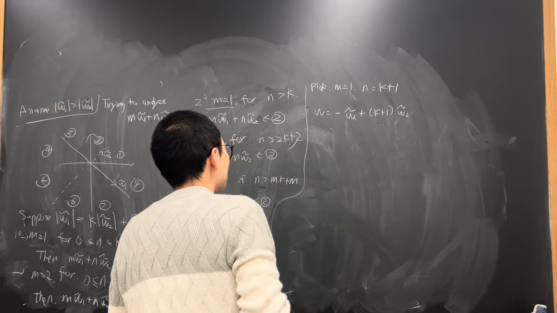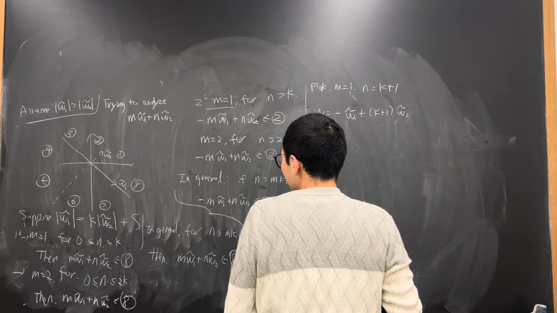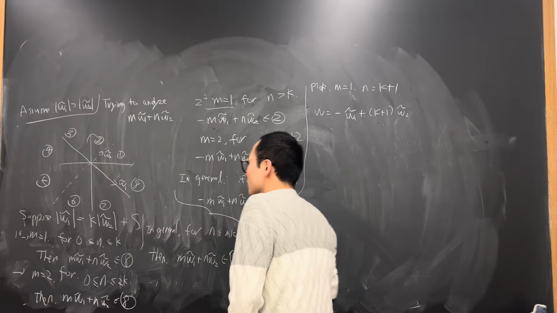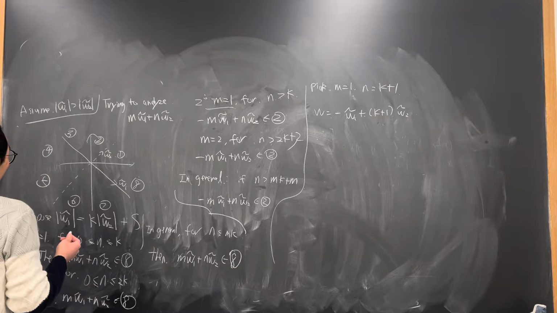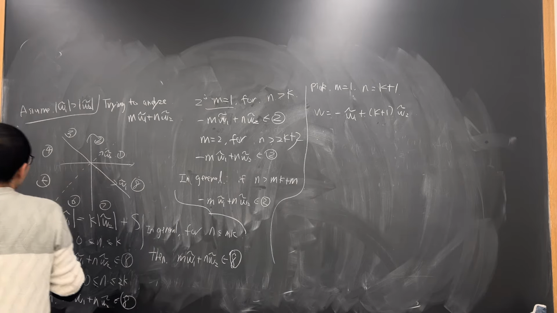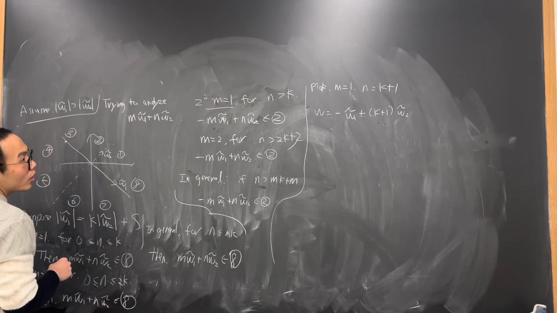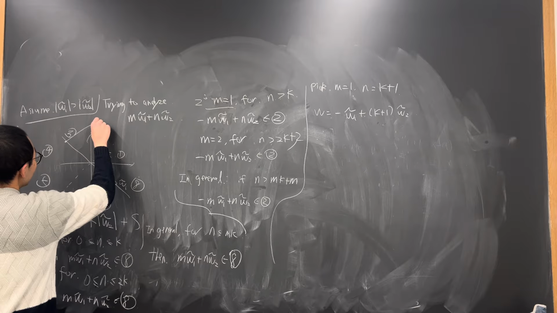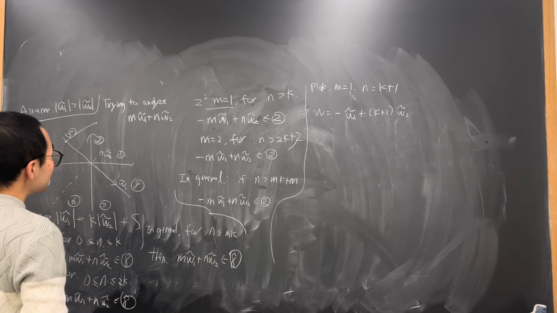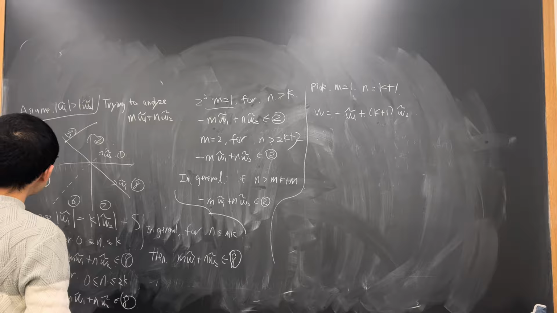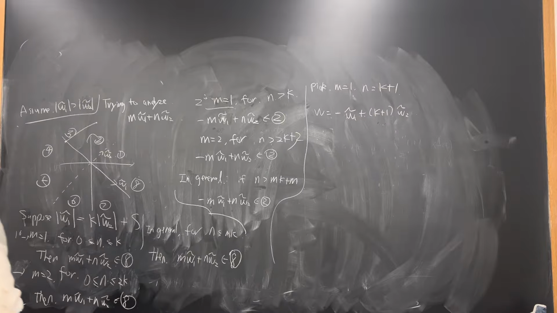So what is the side ratio? This triangle has sides of length modulus of omega 1 and k plus 1 times modulus of omega 2, right?